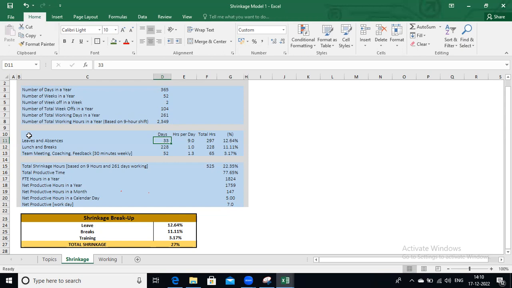Let's suppose I'm working in a company where the leave policy says I can take 33 leaves, absenteeism, planned and unplanned leave. I've taken that here, and the shift hours, that is 9.